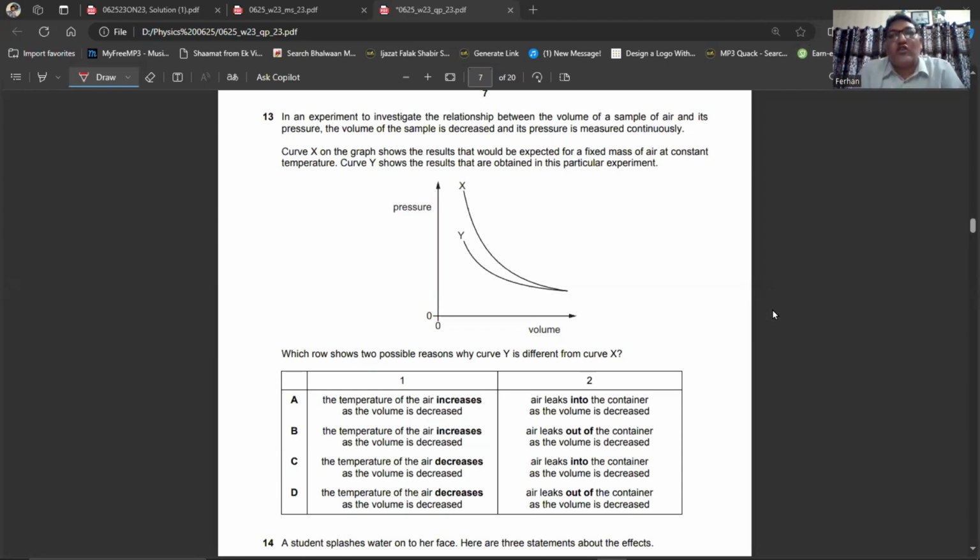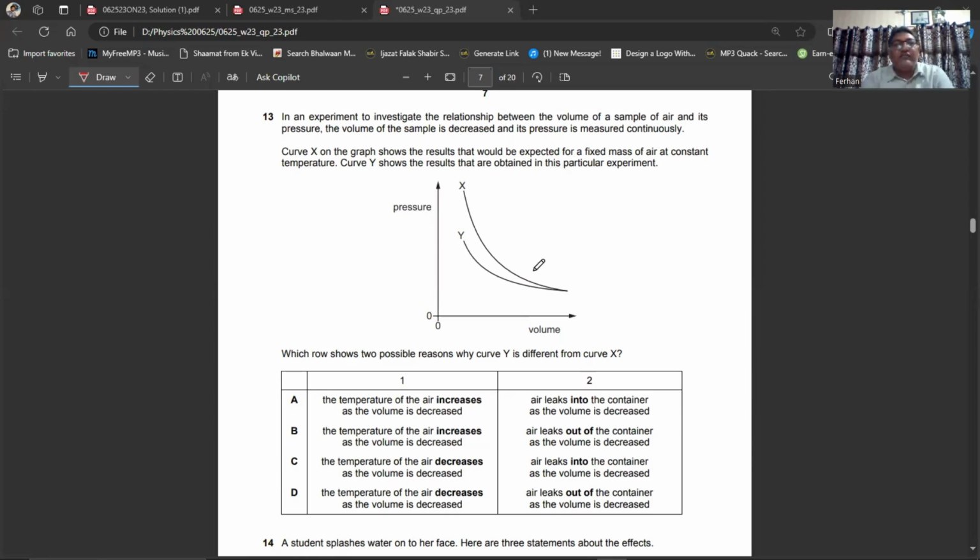On your screen, question number 13 is showing up. In an experiment to investigate the relationship between the volume of a sample of air and its pressure, the volume of the sample is decreased and its pressure is measured continuously. The curve X on the graph shows the results that would be expected for a fixed mass of air at constant temperature. The curve Y shows the results that are obtained in this particular experiment.